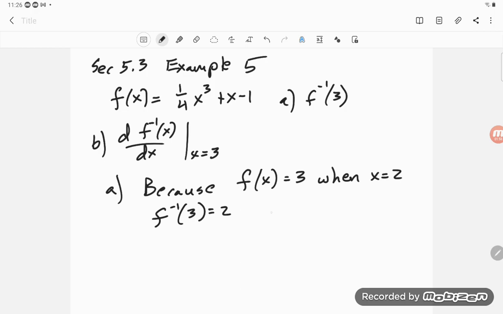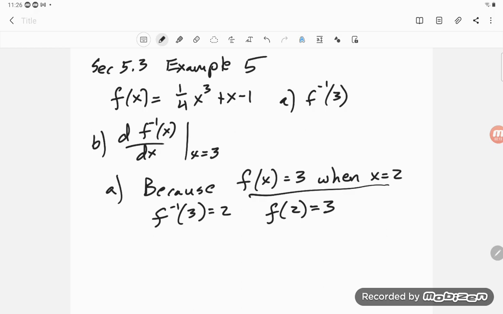Or another way to put it is, we just say f of 2 is 3, which then implies that f inverse of 3 is 2, right? We're just reversing the coordinates.